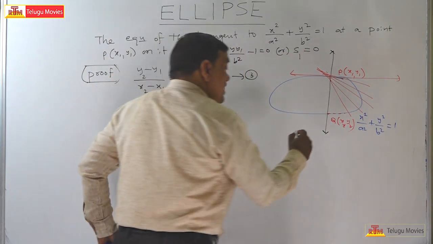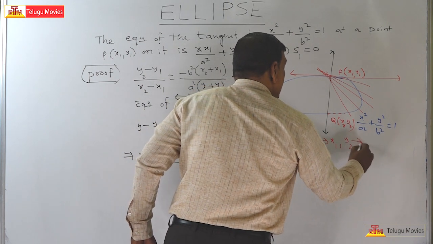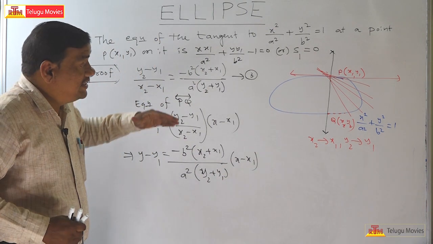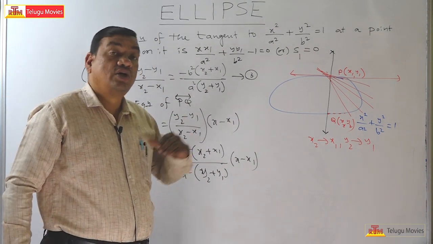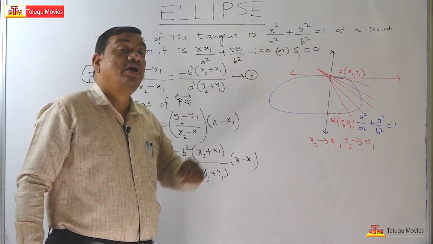That means as x2 approaches x1 and y2 approaches y1, the secant of the curve will become tangent at the point P.